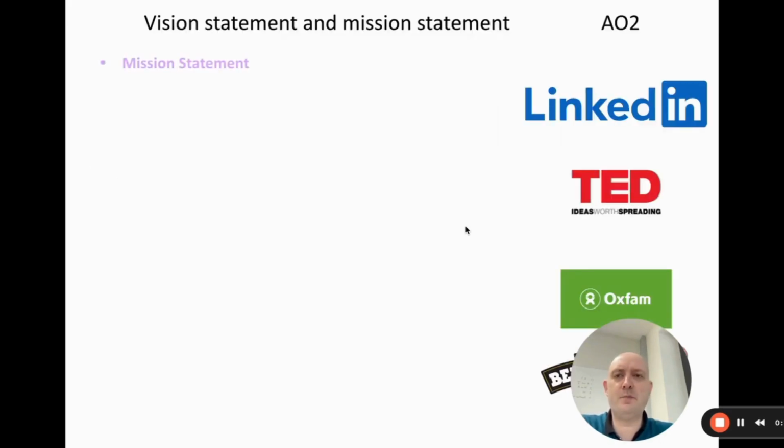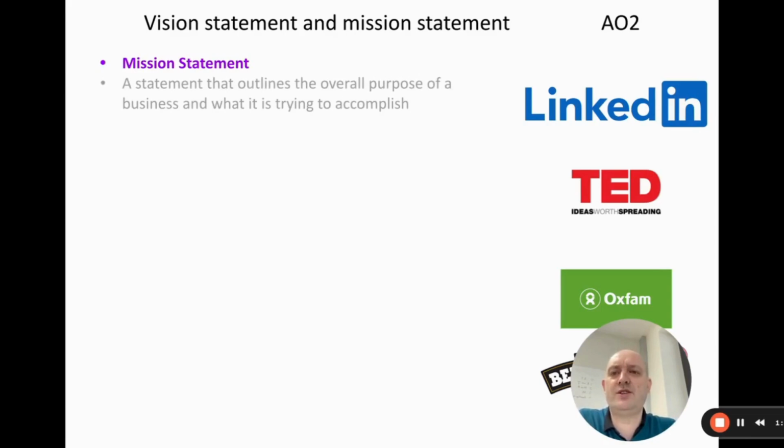So the first thing to look at as part of objectives is vision and mission statements, and these are statements which the business shares with the public that describe them, but there's a difference between them. The first one is the mission statement, and this is a statement that outlines its purpose and what it's trying to accomplish. So this is all about who they are, what they're doing, and the things that they want to accomplish.